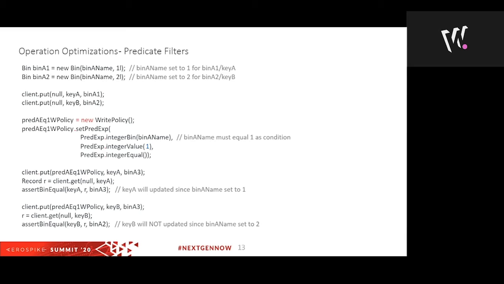The first put succeeds, because it was initialized to 1 and therefore passes the condition. For key B, the bin value is set to 2, so it does not pass the condition we set in the write policy. So key B will not end up being updated, and the assertion shows what we expect.